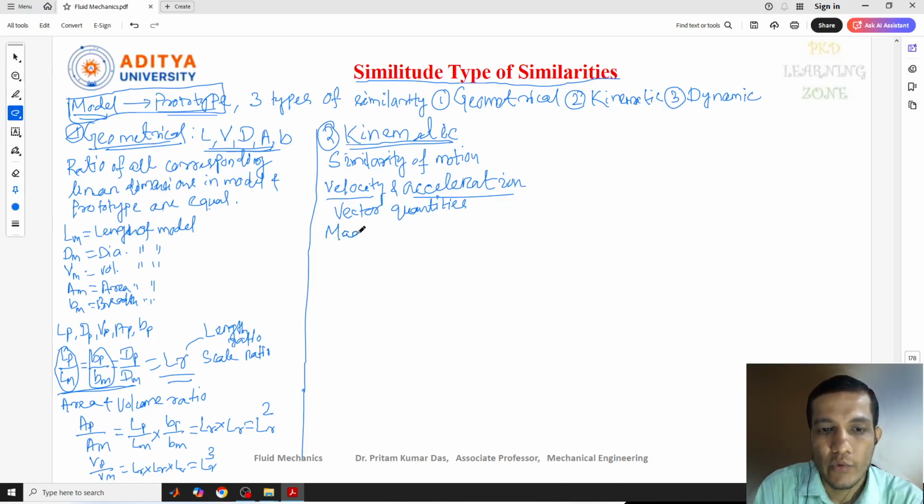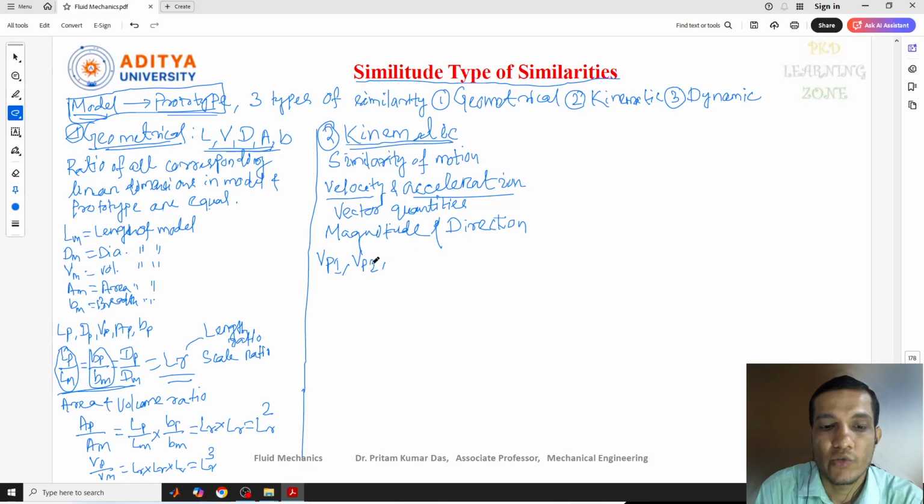As I told you, two things need to be similar: magnitude and directions. Along with the magnitude, we need to assure that the directions of flow are also the same. So here we can consider the velocity of the prototype at one point, say point number 1, similarly point number 2, point number 3. So another one is velocity of the prototype at point number 2.